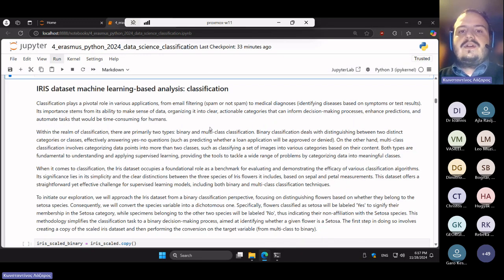In the case of Iris, as you've correctly said, it's whether we have a flower that belongs to one of three categories, like setosas, versicolors or virginicas. But it can be whatever else you might have at hand, like whether my email is spam or not, or whether someone is suffering from a specific disease or not, and so on and so forth.